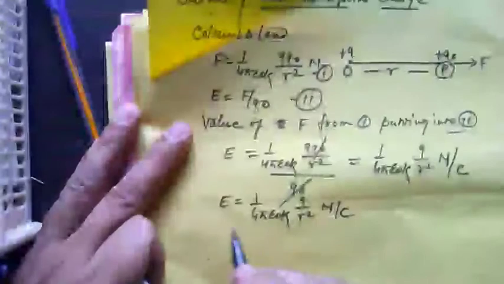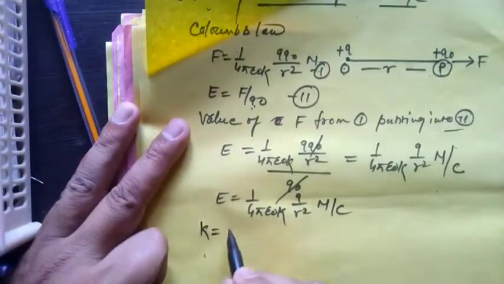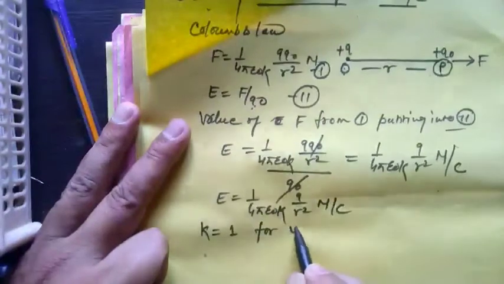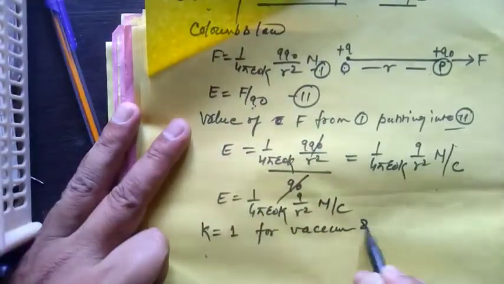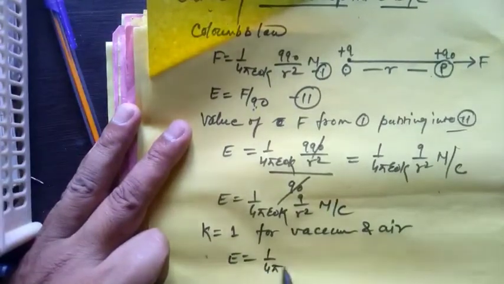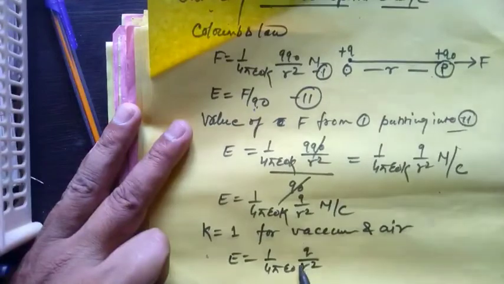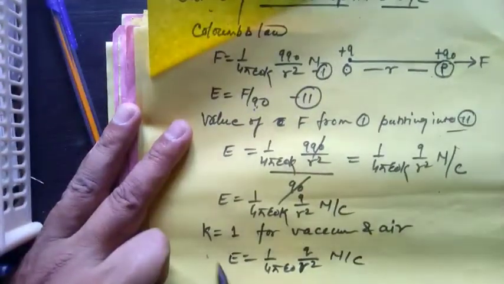But the condition is this: for vacuum and air, the K value is 1. Then we have 1 upon 4 pi epsilon naught, q upon r square Newton per Coulomb.